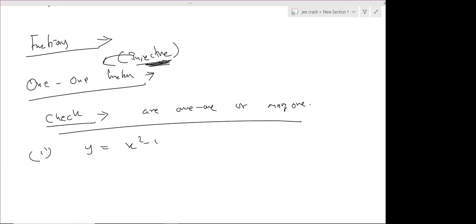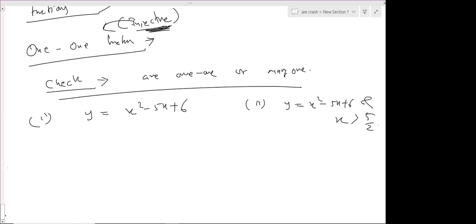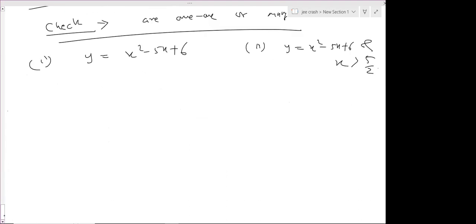Y equals x square minus 5x plus 6, and x is more than 5/2. How to check 1-1? We are going to learn 2 methods. First, whenever trying to check a 1-1 function, always check this: f of x1 equals f of x2.